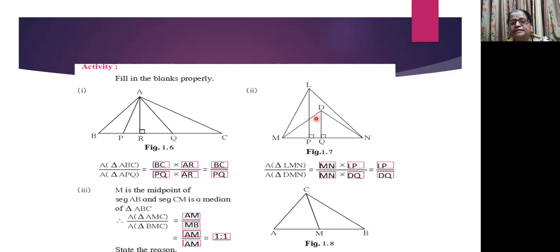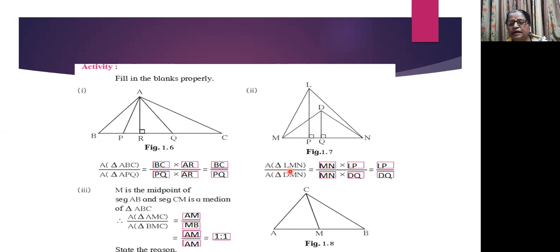In another example, see here, two triangles are constructed in one triangle. That is, area of triangle LMN and area of triangle DMN. In this, what is common? See, in these triangles, MN is a common base, so we will use the ratio of heights.